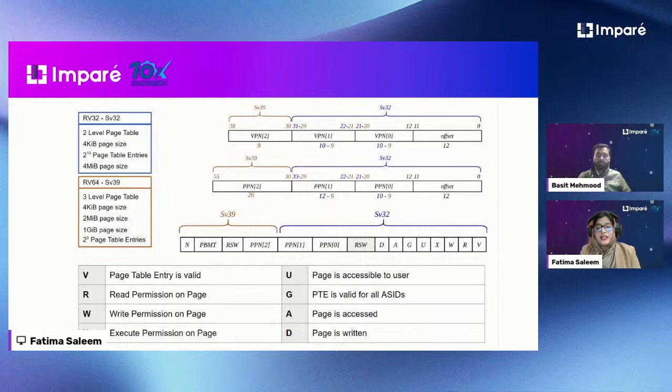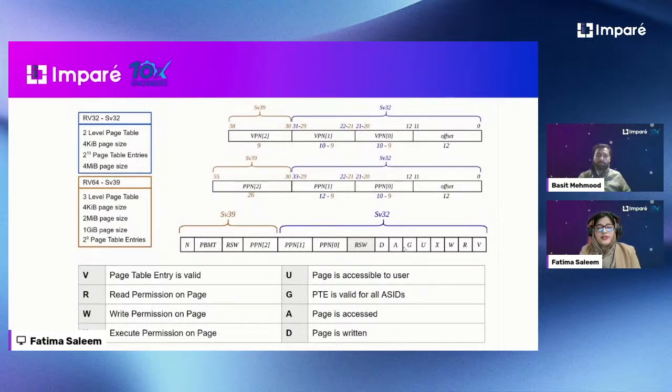If loading data from a memory location, we need the read permission. So basically these bits are protecting that memory region. If we are storing to the memory location, we need the write permission. If we are fetching from that memory location, like the instruction fetch in the fetch stage of the pipeline, we need the execute permission. And the user bit is for when user mode is accessing that page table entry, so we need to give permission to user mode for this page table entry.